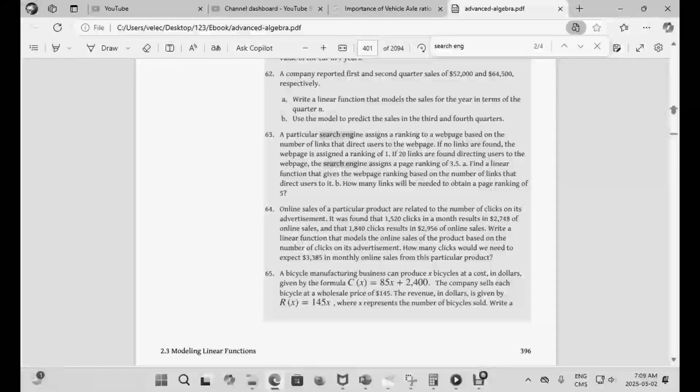All right, so we know that this is a search engine, and basically what it does, let's say this is Google, or AltaVista, or Yahoo, Bing, what have you. It assigns a ranking to a website. Now this website could be a business website, a government website such as CRA, Canada Revenue Agency, or IRS, a not-for-profit website, any website whatsoever, even a blog.